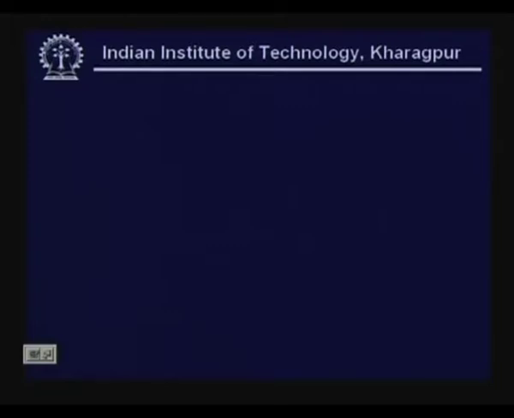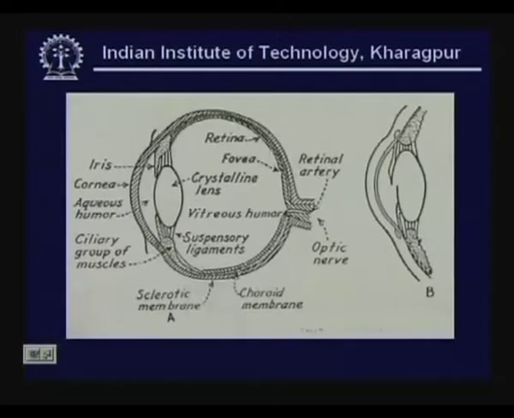So, with this, once again before we close, we look at the eye. The eye has three major parts similar to a camera. One is the iris, which allows the light to go in or go out, and two, the lens, similar to the lens in a camera, which can change its shape.